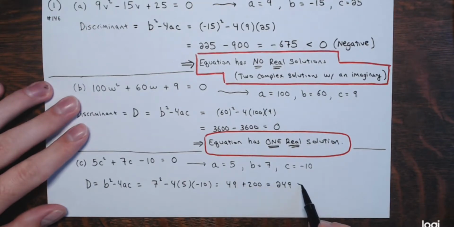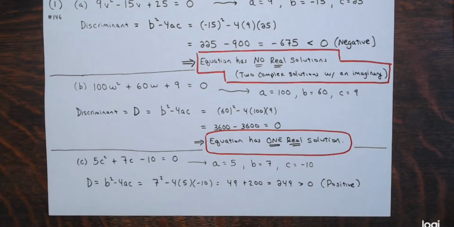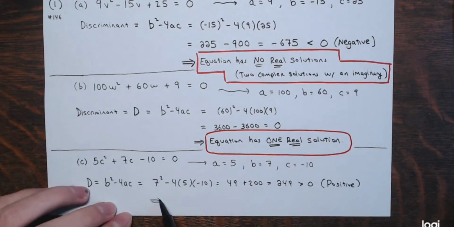This is greater than 0. This is a positive discriminant. When you use the quadratic formula to find the solutions, you'll be taking the square root of a positive number. Those are real. And if the discriminant is positive, then the equation has two real solutions.